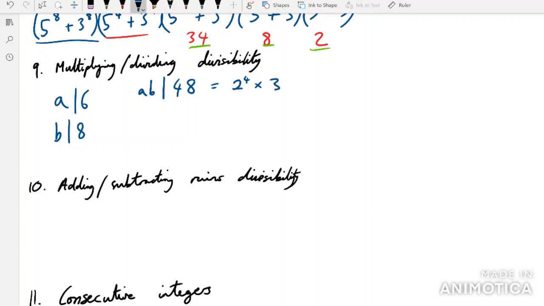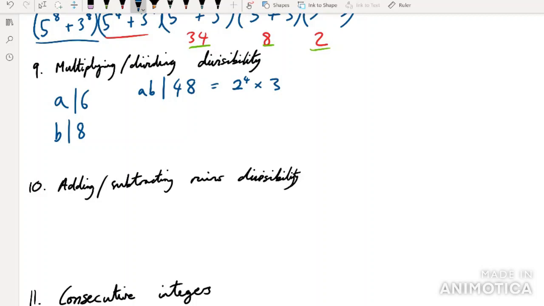So there must be 4 2s split between A and B and a 3 split between A and B, but we don't know exactly how they're split together. And so just divisibility, not necessarily that easy to work with.